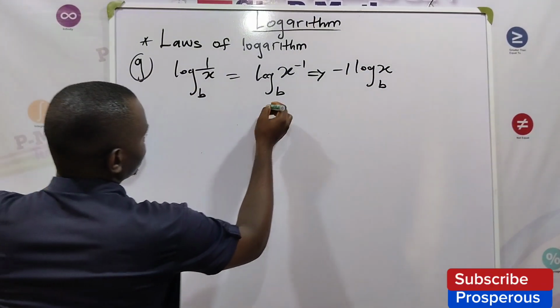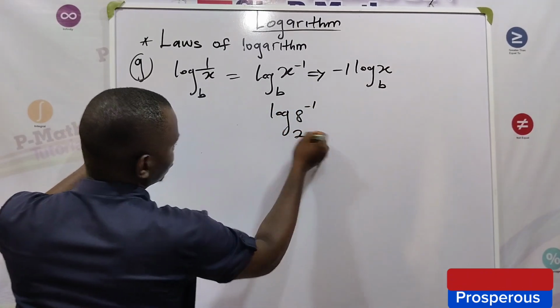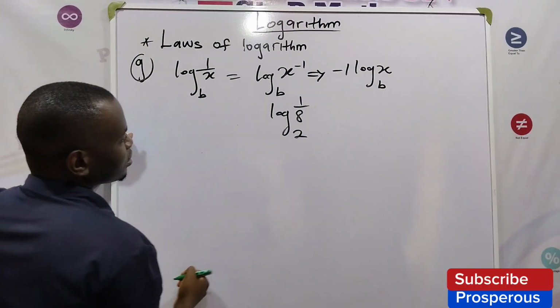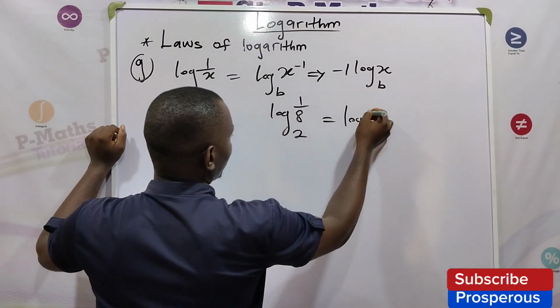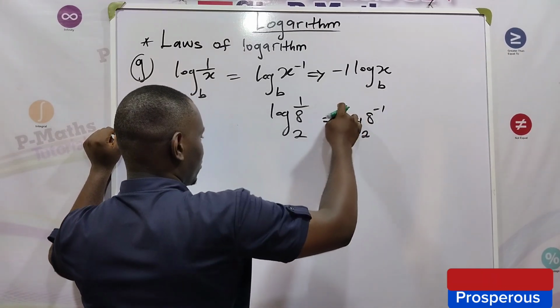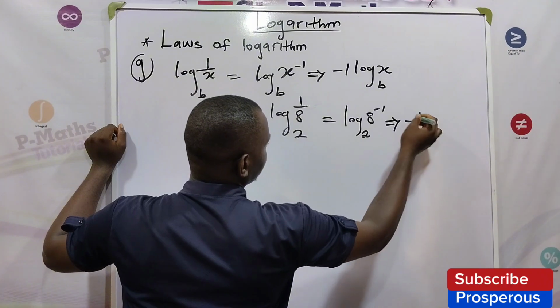Let's look at this example. I have logarithm of 8 raised to power minus 1 base 2, or I will write it as 1 over 8. So the next thing I want to do is to write this as logarithm of 8 inverse to base 2. Then this power comes to the front. I will then have minus logarithm.